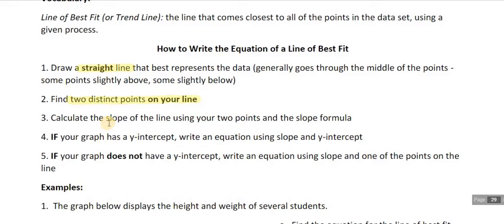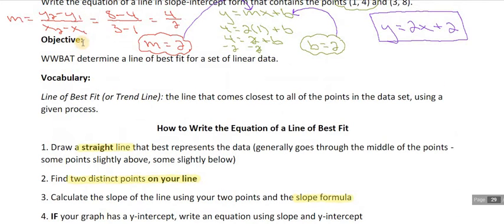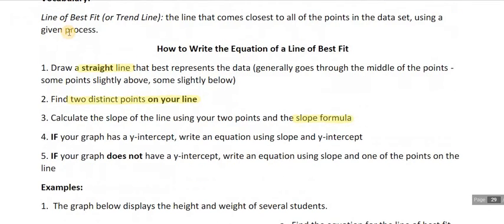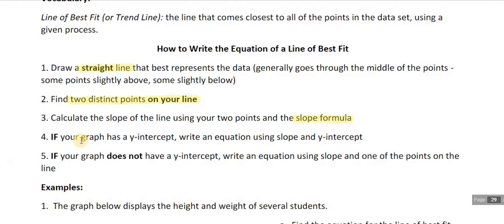So we're going to calculate the slope of our line using those 2 points and our slope formula, which we used up here, y2 minus y1 over x2 minus x1. Now here's where things can kind of vary. If our graph has a very clear, distinct y-intercept, we can go straight to slope-intercept form.